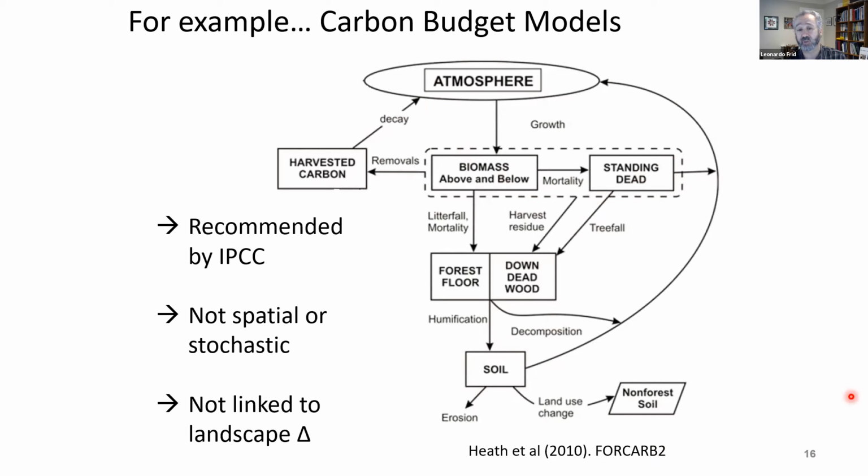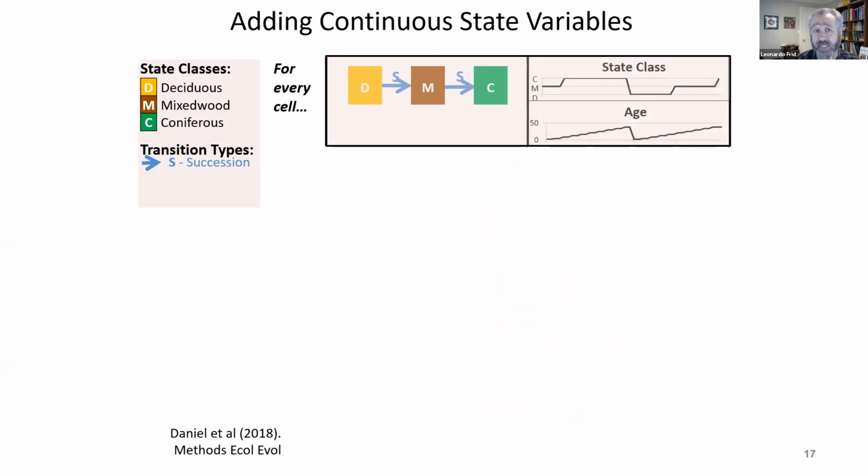Some of you may have heard of tools like Vensim and Stella. And the one challenge with these tools is that they're typically non-spatial, and they're more deterministic type models, and they're not linked to a landscape. So we thought that linking continuous variables to state and transition simulation modeling could be quite useful if you want to look at landscapes.